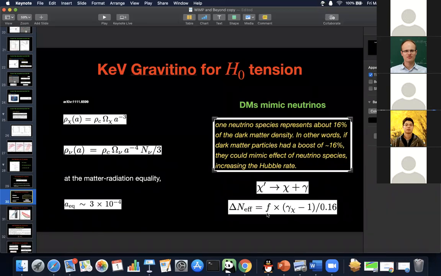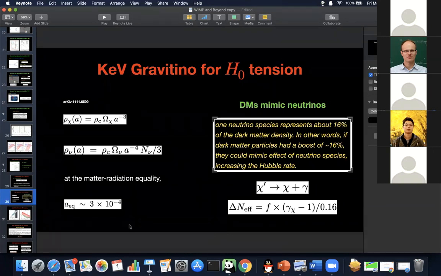Here f is the portion of the boosted dark matter in the total dark matter density, and this gamma_chi is the boost factor of the almost massless dark matter produced by a heavier dark matter.